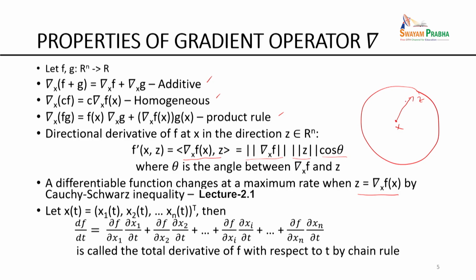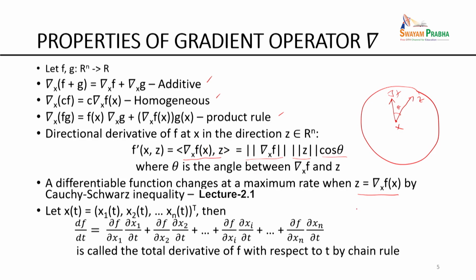So at x, if this is the gradient, and this is z, the directional derivative is the gradient along this direction. Let this be the angle theta. The directional derivative is given by the inner product of the two. Cosine, when is it maximum? When theta is 0.